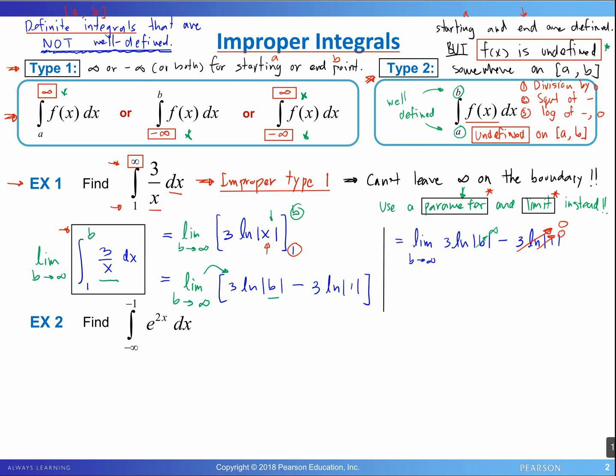So now we have 3 ln of absolute value of infinity, and that is equal to infinity. So now we can say that this integral diverges to positive infinity. In other words, this integral is divergent.